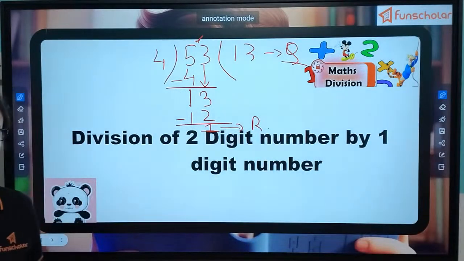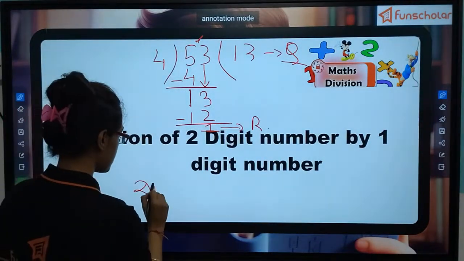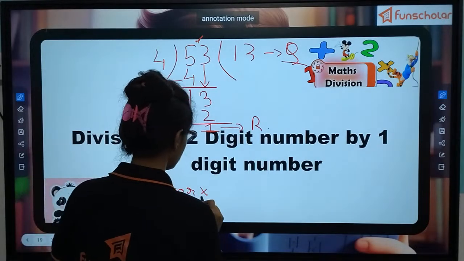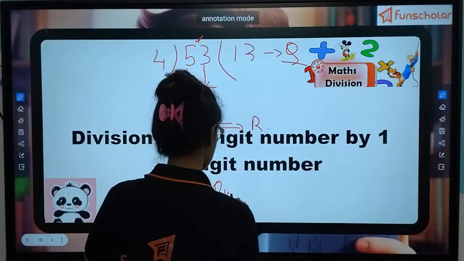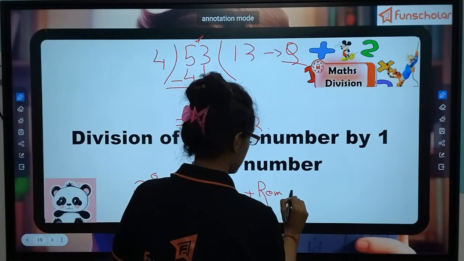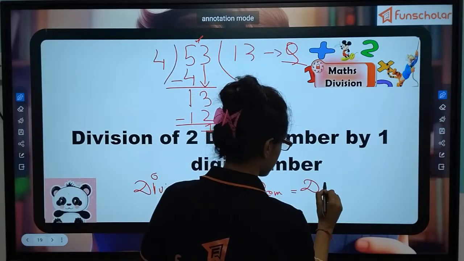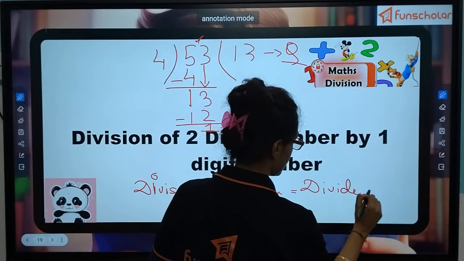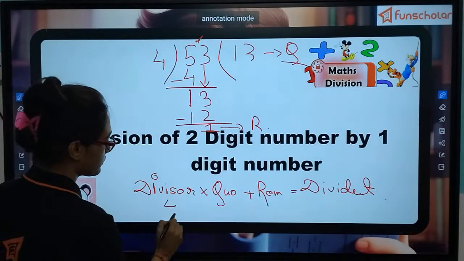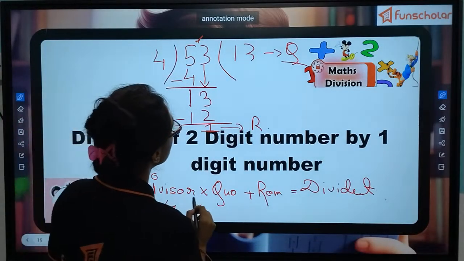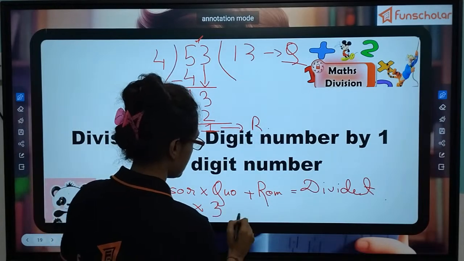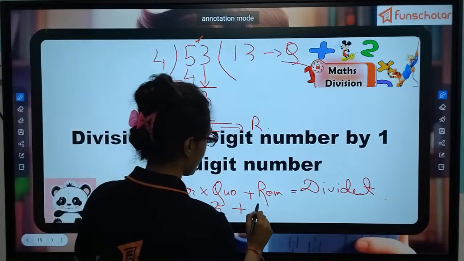Now you remember the formula, divisor into quotient plus remainder equals dividend. Let's see whether it is right or wrong. Divisor over here is 4. Quotient is 13 plus remainder is 1.